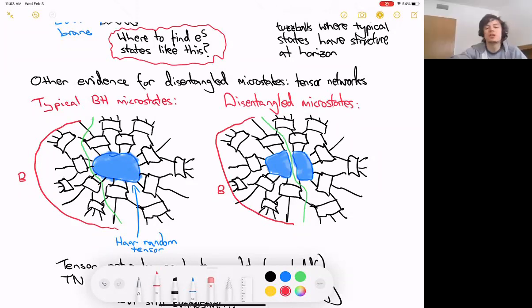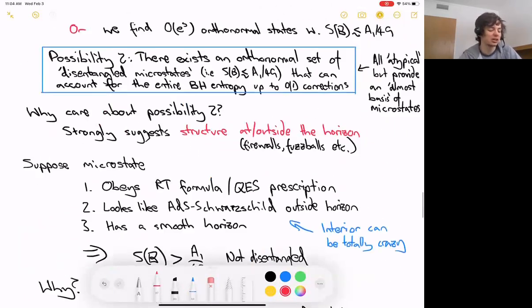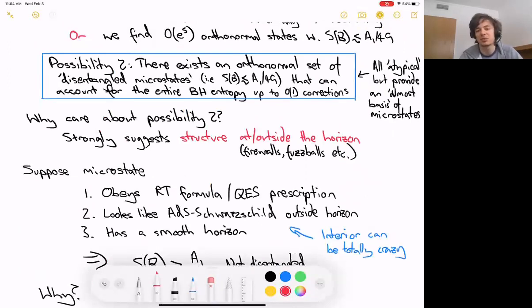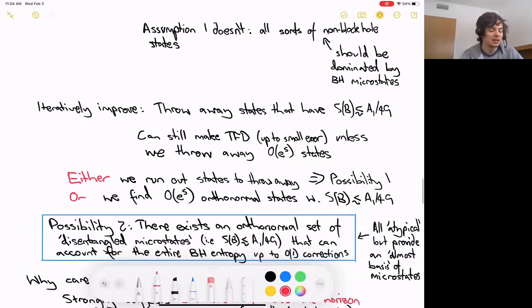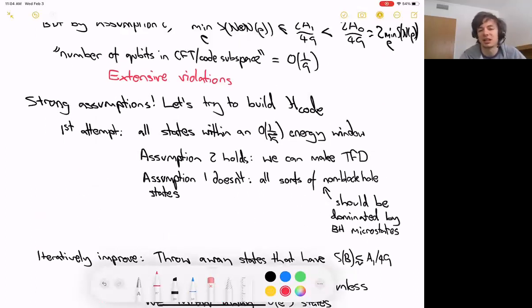No, because when we're trying to construct the thermofield double state, we only need states... When we construct this H code and throw away states that have small entanglement entropy, then we start with an H code that only contains states in some energy window.